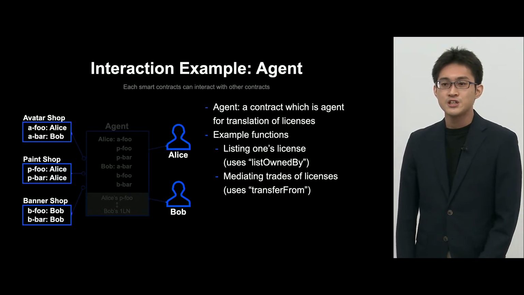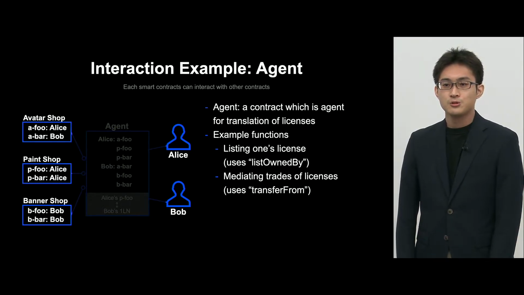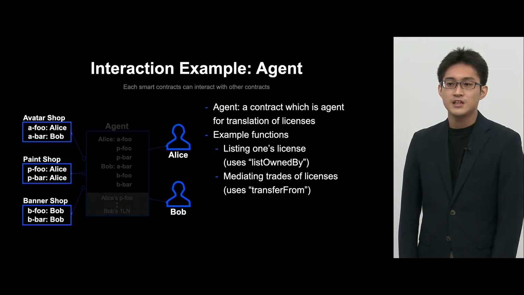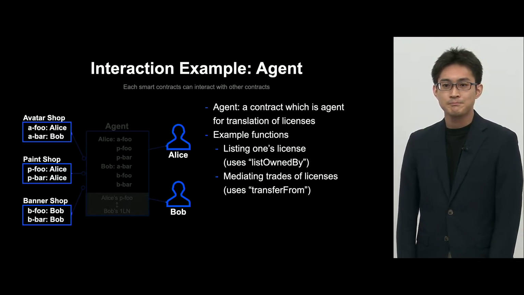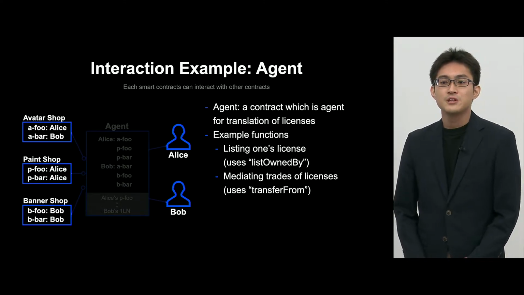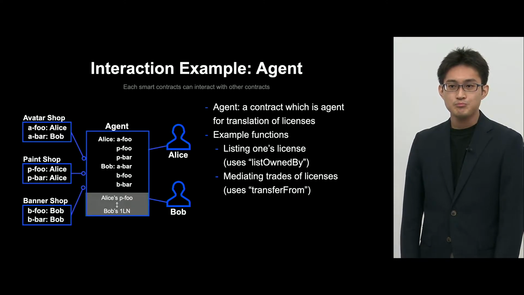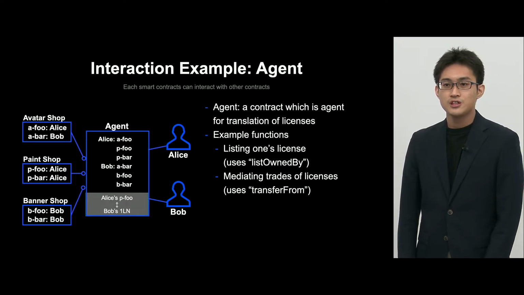Managing which license you have for which shop, and selling those, would require certain work. In response to those demands, managing the licenses that you hold, creating a list and doing consignment sales, if there is a contract like that in the chain, it would be convenient. So in many chains, this type of function is provided to developers as contracts that can be called.